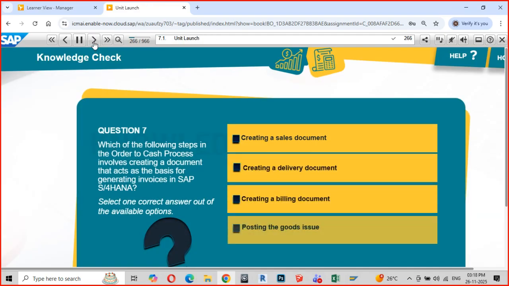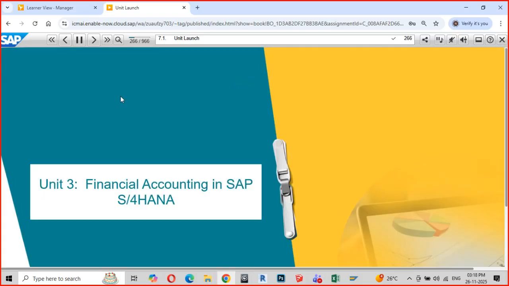So 266 is the last page. Now we have come to financial accounting, which we have already seen. Okay. So starting from day one, what did we learn? We started with what is an ERP. We came to know about the earlier ERP products. Second thing is we learned about SAP.